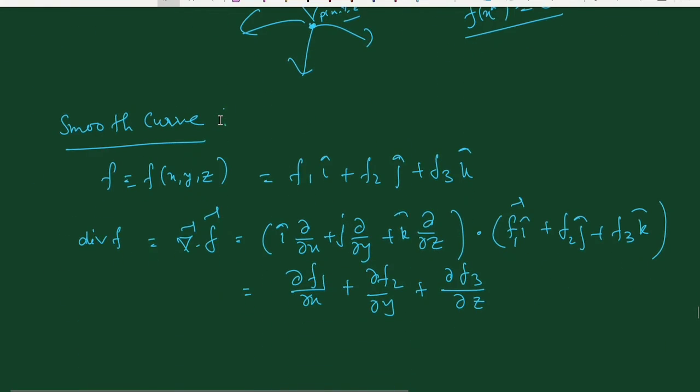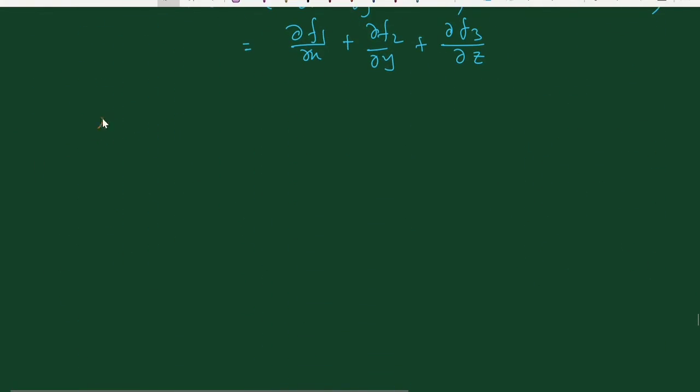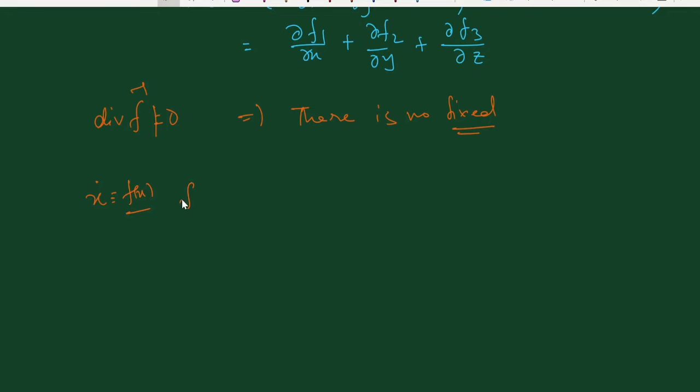Now what does divergence of f non-zero mean? Divergence of f in 3 dimensions is non-zero. This means there is no fixed point. Clear? There is no fixed point. This is the case of a vector field in 3 dimensions or 2 dimensions, and for 1 dimension, x dot equal to f(x), if f(x) is not equal to 0, then there is no fixed point.